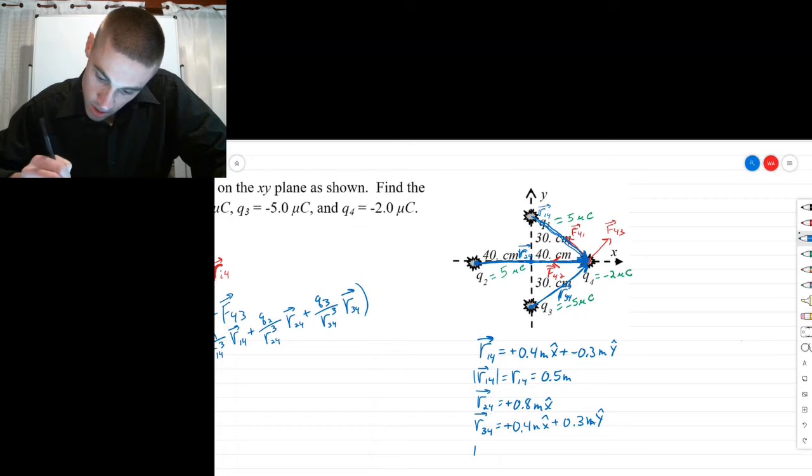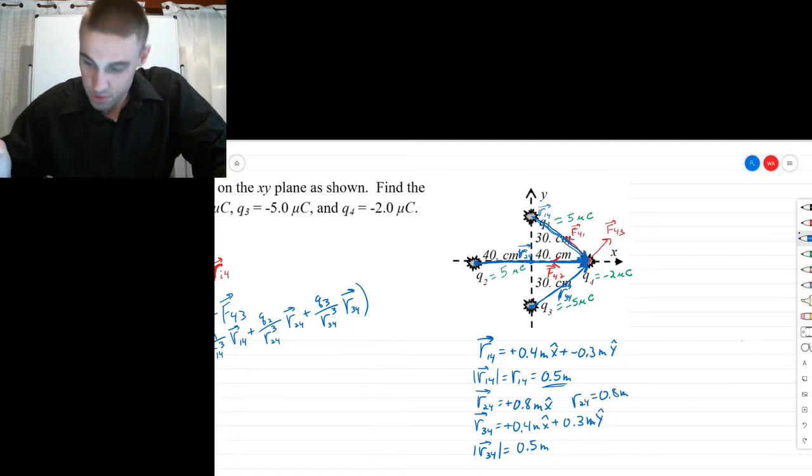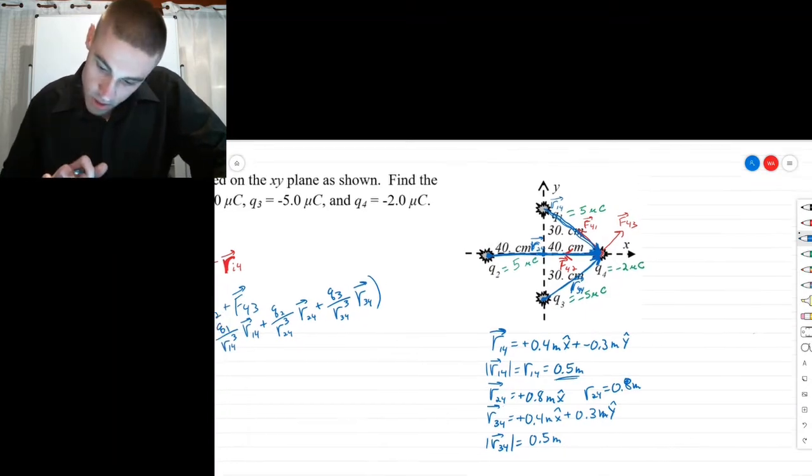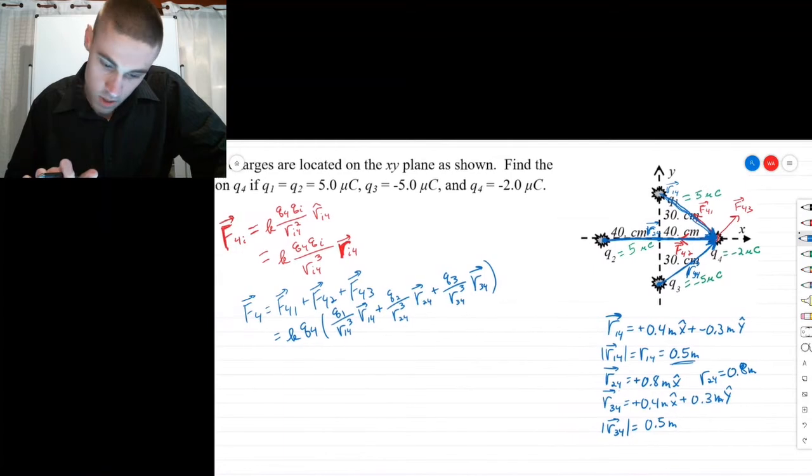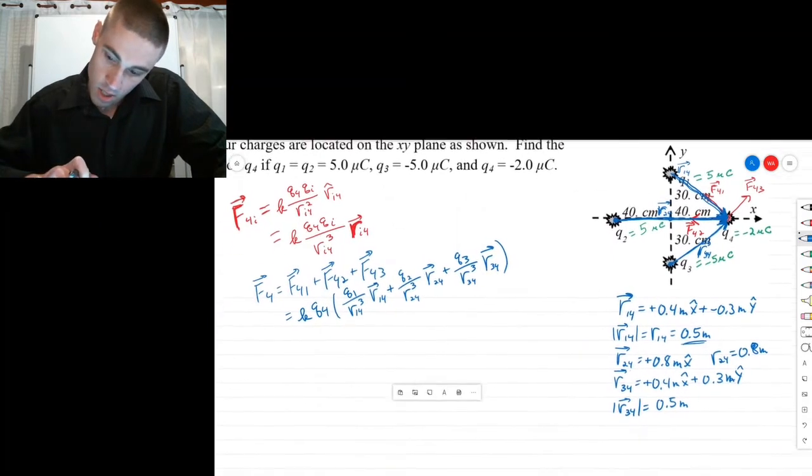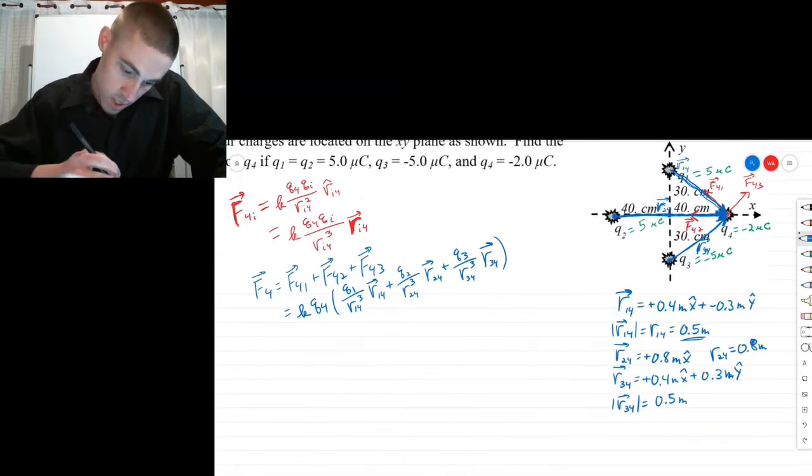And the length of R34 is the same as this length here, right? It's 0.5 meters. And of course, the length of R24 was just 0.8 meters. That one couldn't possibly be easier because it has one component. All right, so let's go back over here then and put some of these numbers in.